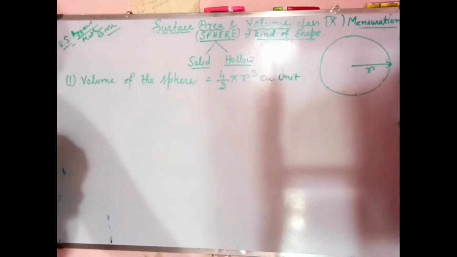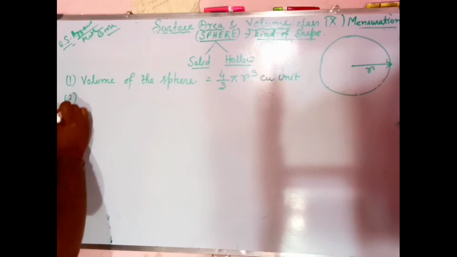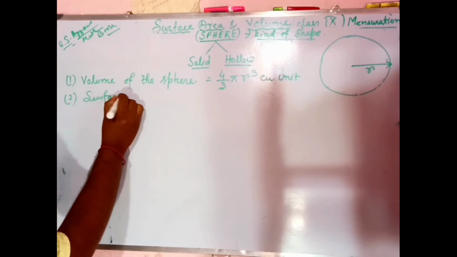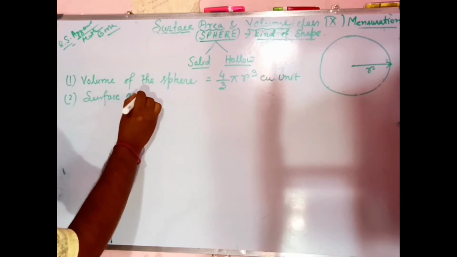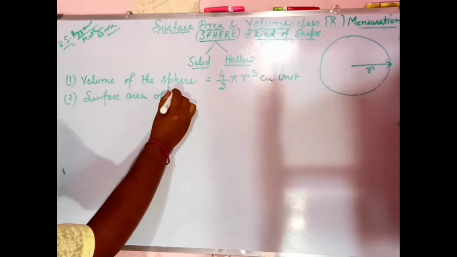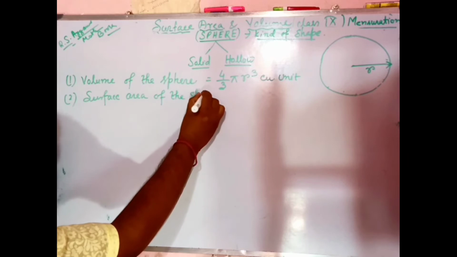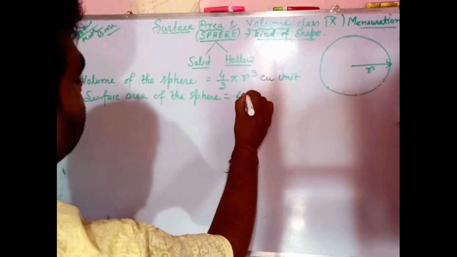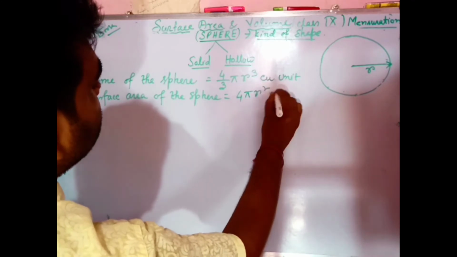This is the volume. Surface area of the sphere: what is the surface area? 4 pi r square unit.